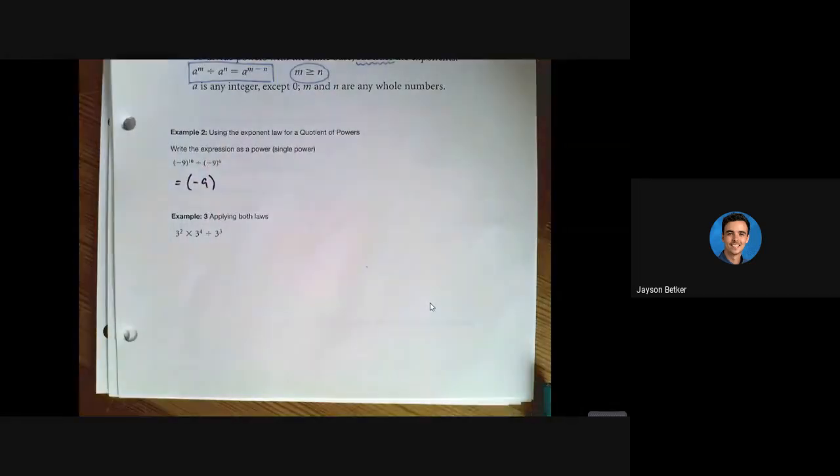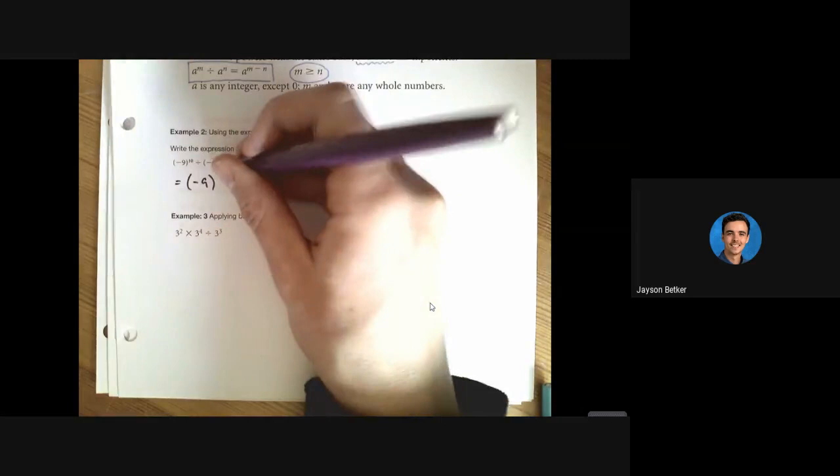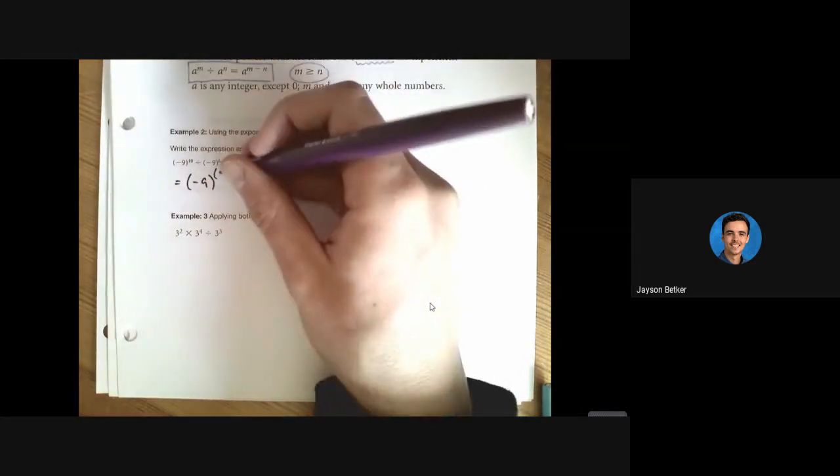So using the exponent law for quotient of powers, write the expression below as a single power. We have negative 9 to the 10 divided by negative 9 to the 6. All this ends up becoming is we write out our base, which remember, if it's inside the brackets, that negative stays there. So our base is negative 9, and then we just subtract the exponents.